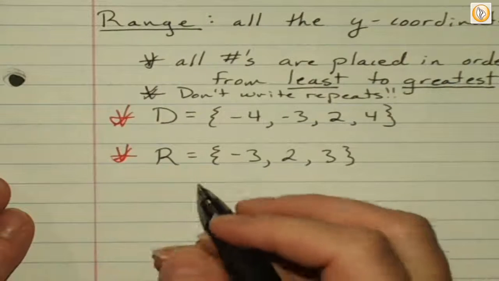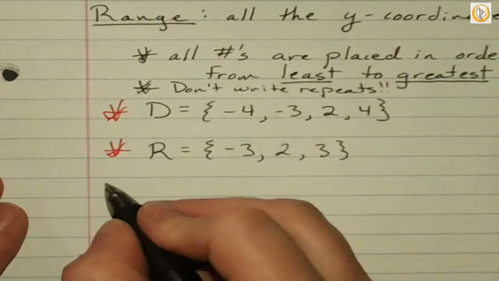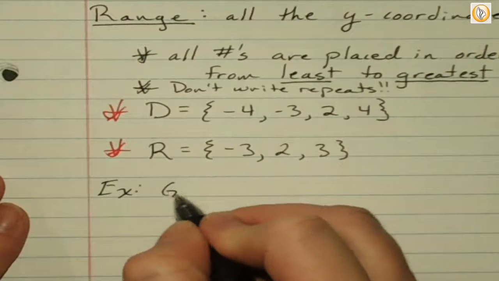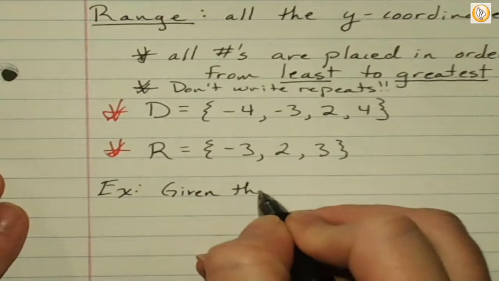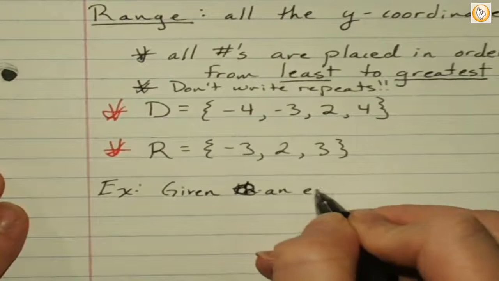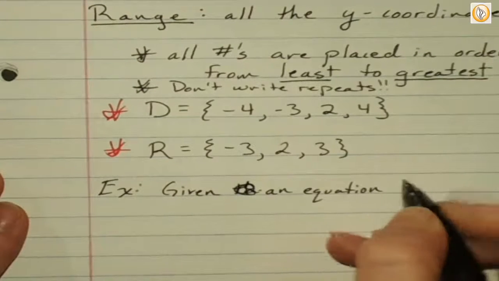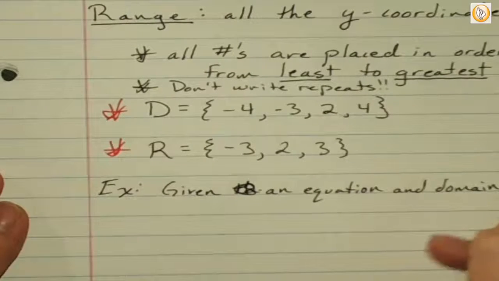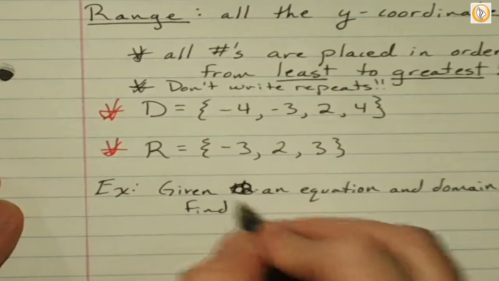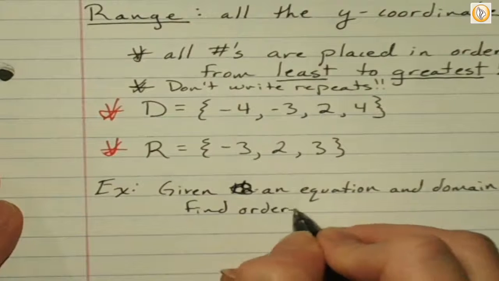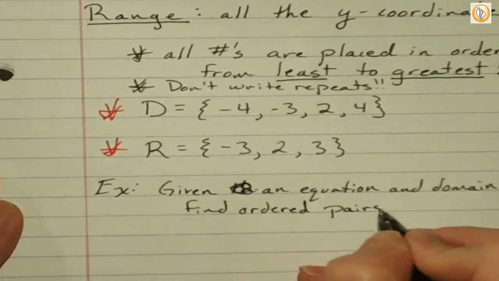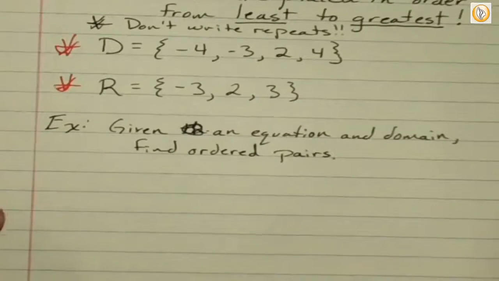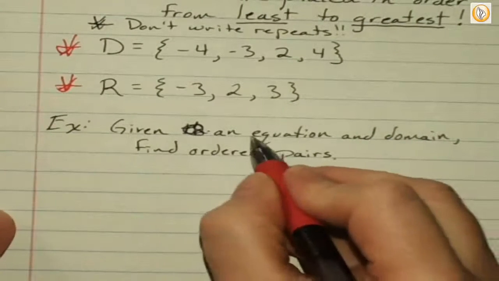Okay, now I'm going to show you a different thing to do here. Let's say I'm going to give you an example. Given an equation and domain, find ordered pairs. This is super easy, but I'm giving you an example of how to utilize all this.